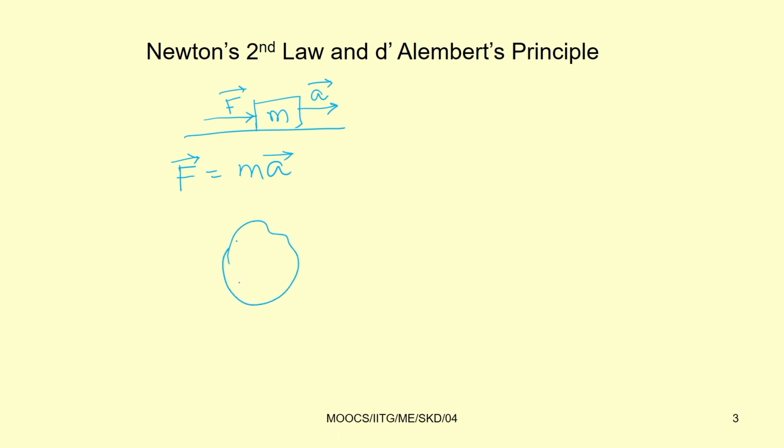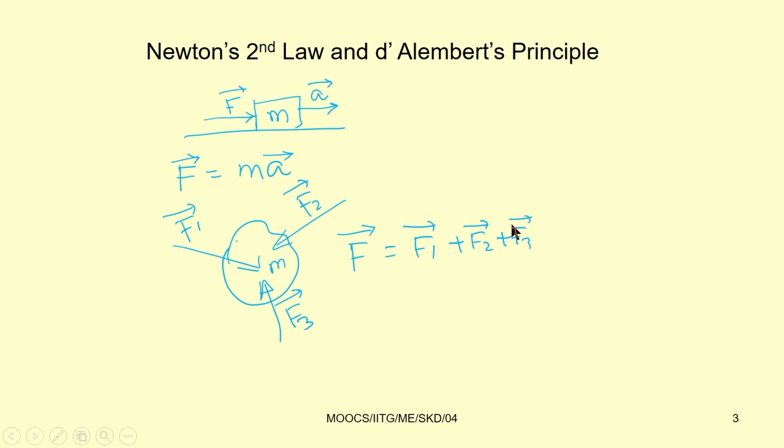Let us say in a system multiple forces are acting on the mass m. Then F can be the vector sum of F1, F2, F3. So, F will be F1 plus F2 plus F3.